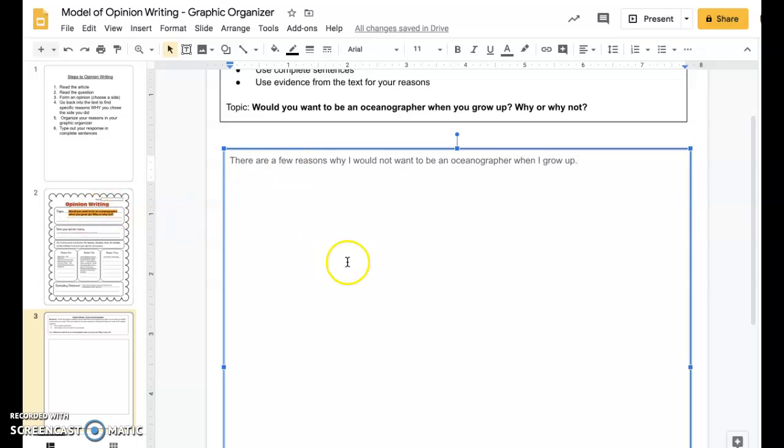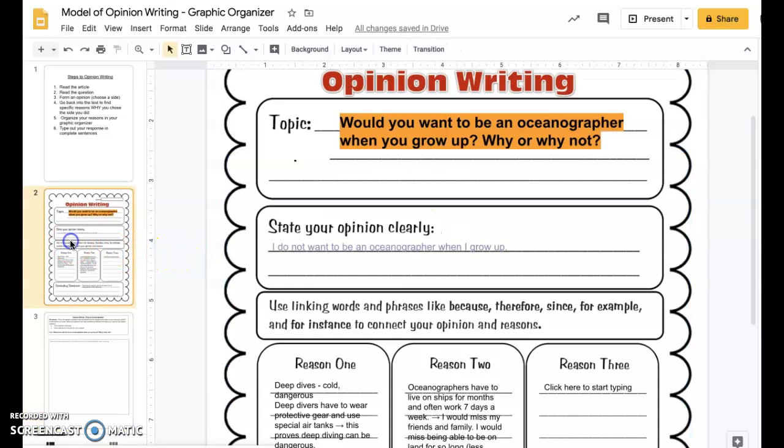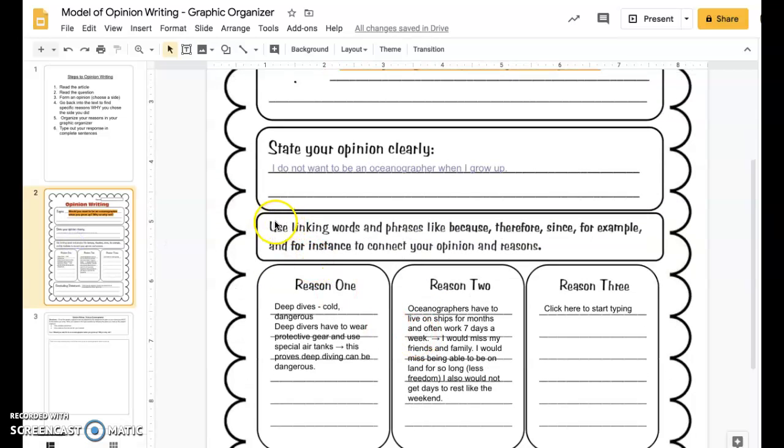That's my topic sentence. It tells my reader what my whole thing's about, and it tells them my opinion right up front. Now, this box down here gives us a little hint. After our opinion, we need to use linking words and phrases like because, therefore, since, for example, and for instance to connect your opinion reasons.